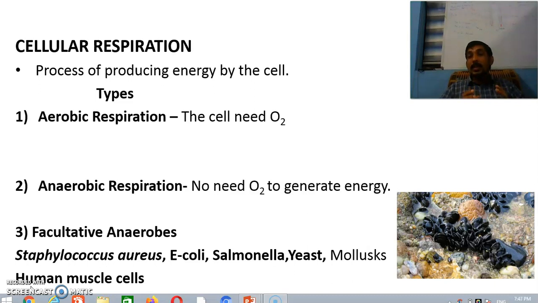So that respiratory substrate, or energy producing substances, may be either carbohydrate like glucose, fructose, lactose, arabinose, anything, or also protein, lipids, fat, amino acids. All these substances are energy producing substances. So such type of substances are called respiratory substrate.